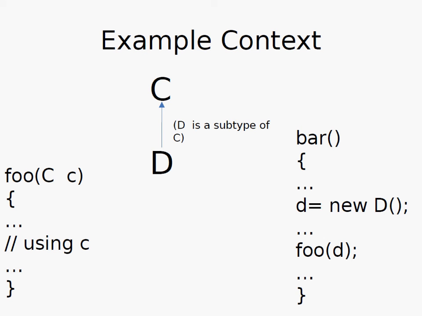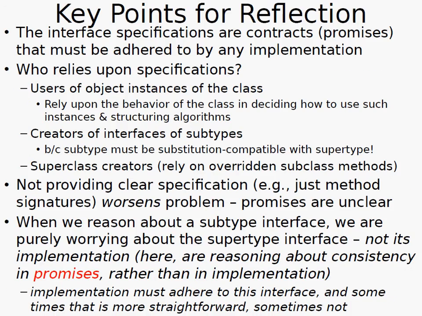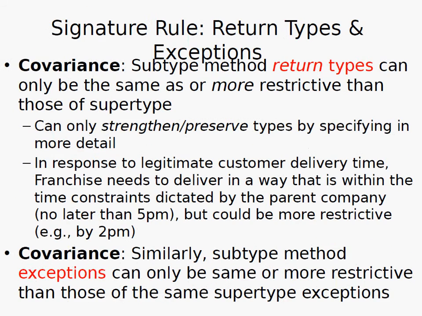At least with specifications, these preconditions and postconditions, someone who's writing this code for foo, they know what they can count on about the superclass, and critically, someone who creates a subtype of C, i.e. D, they know what they have to adhere to. They know what their square root operator has to do to be considered a legitimate subtype of C. Does that make sense?